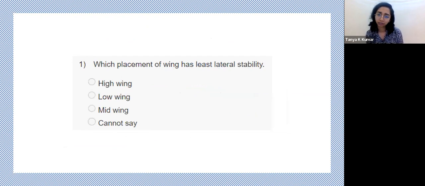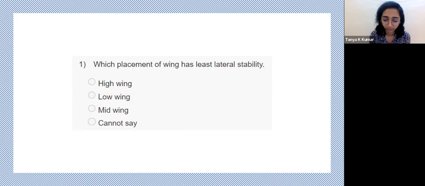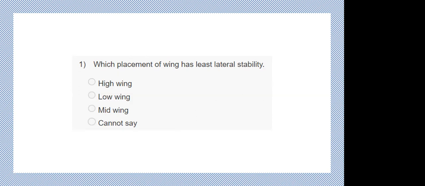Now this is just a few set of questions other than your assignment 3. Which placement of wing has least lateral stability? Low wing. Why? Ma'am, we cannot say, because it actually depends upon the aircraft.